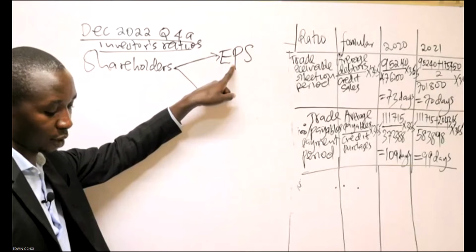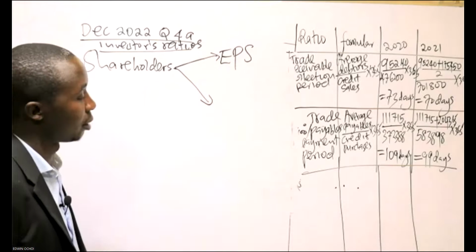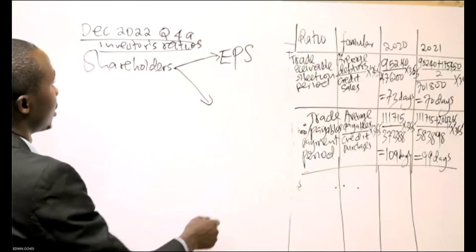How do you get the earnings per share, the formula? How do you do this?